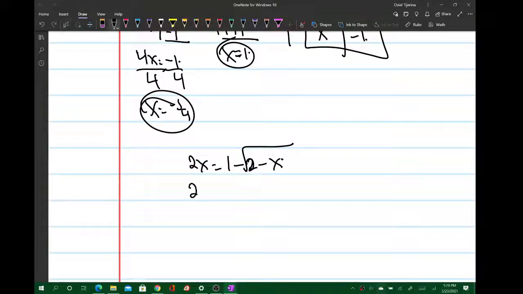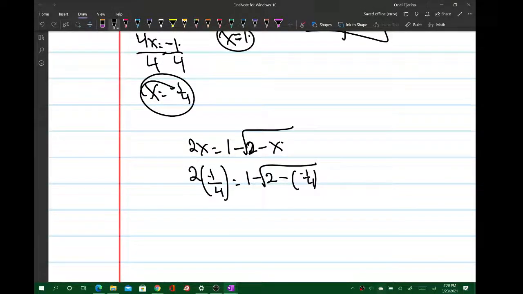You're going to check x equals negative 1/4 first. Is negative 1/4 times 2 equal to 1 minus the square root of 2 minus negative 1/4?